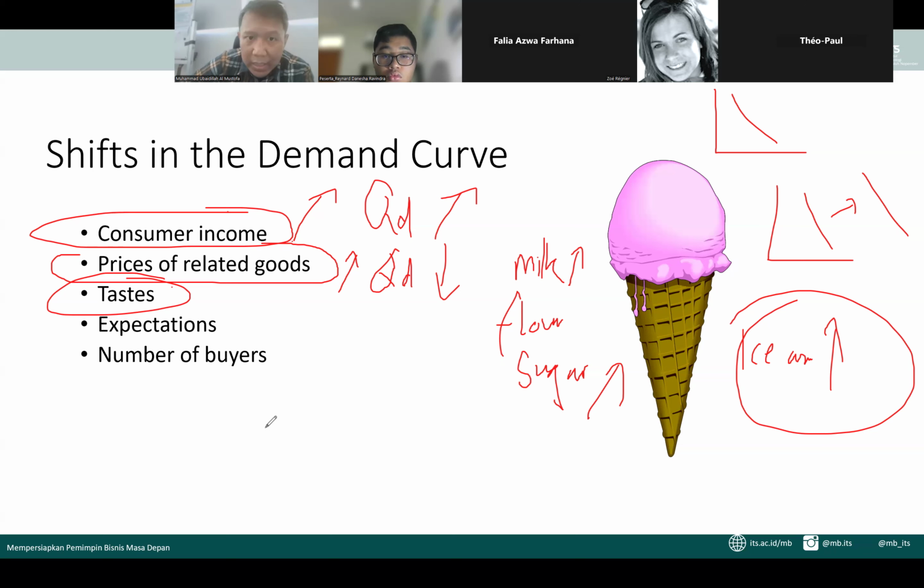But in winter, when the weather is very cold, do you think that people will love to buy ice cream? What do you think? There will be a change in taste, right? So when we have a change in taste, it will also impact the quantity demanded.